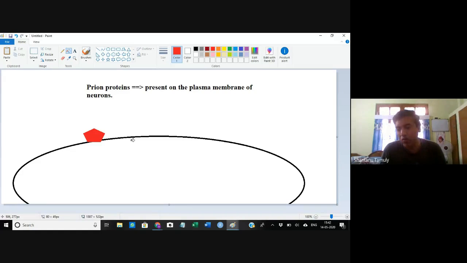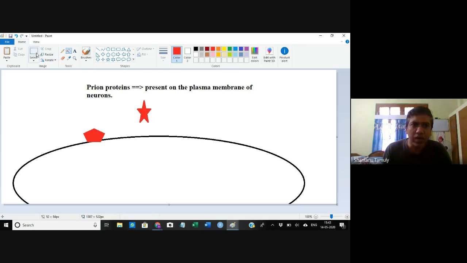So how does this misfolding occur? It is believed that misfolding of prion proteins generally does not occur in normal conditions. Even if you try to misfold the protein, it will not occur. It is a very robust protein. But how does the misfolding occur in case of disease? Say, for example, this particular protein is the misfolded protein.